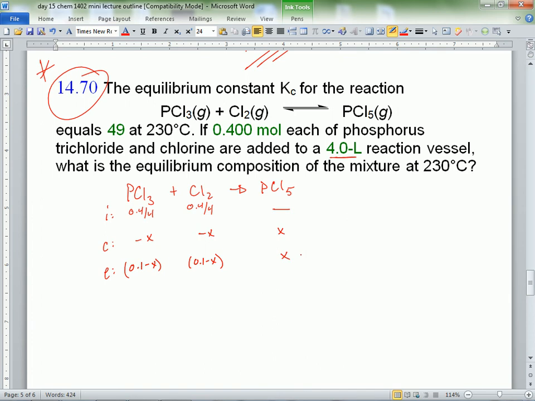That's how I set up my ICE table. Hopefully you got something similar. Oh yeah, I've got to divide by the volume.